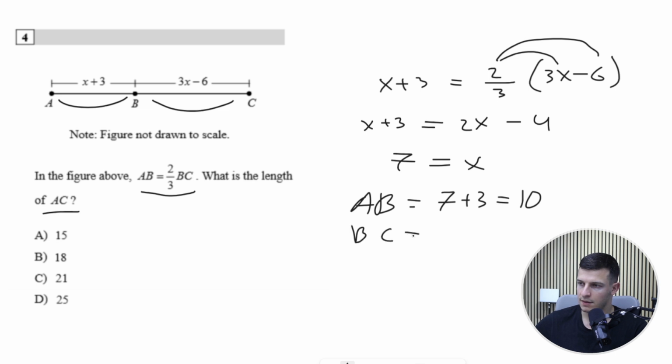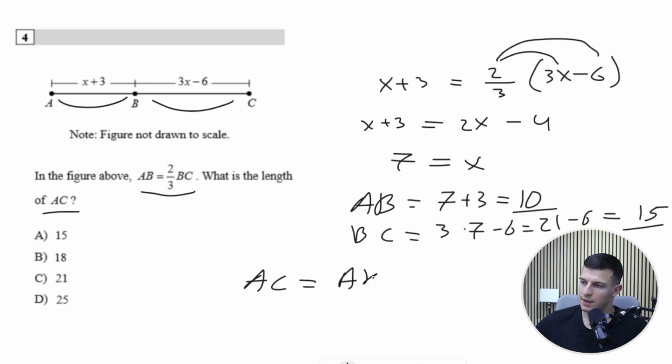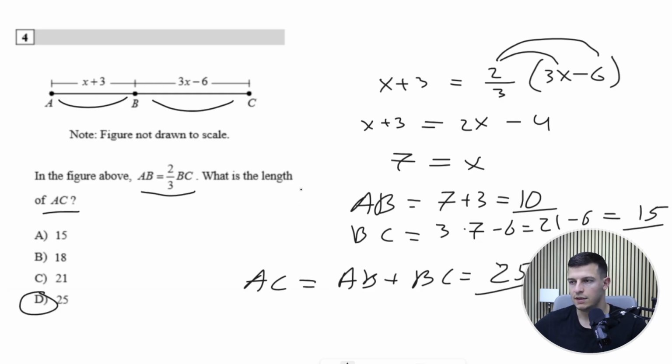And BC is going to be 3 times 7 minus 6, which is 21 minus 6, which is 15. So 15 and 10. AC is equal to AB plus BC, that's equal to 10 plus 15, which is 25. So the answer is going to be D.